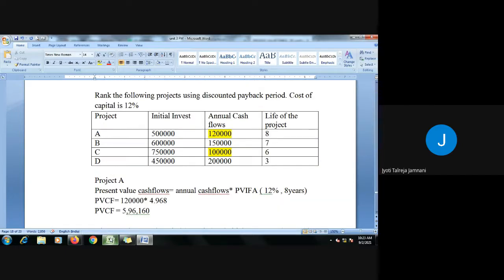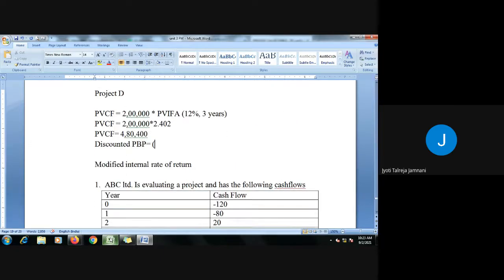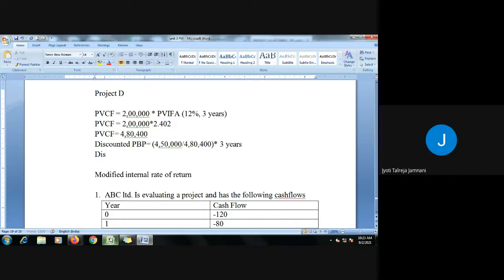Initial investment is 4,50,000 divided by present value of cash flows 4,80,400 into life of the project, which is 3 years.